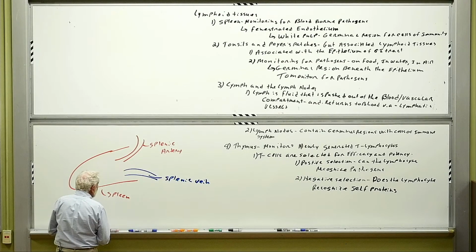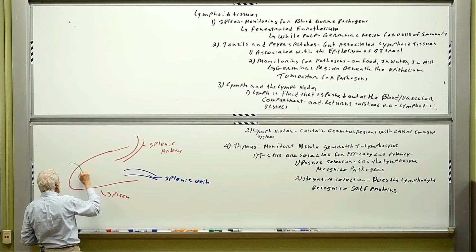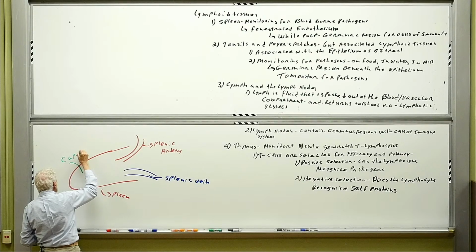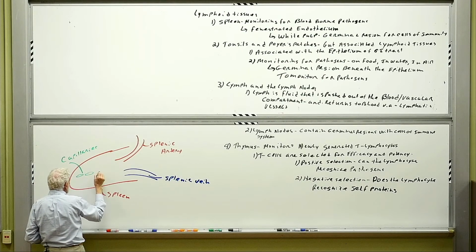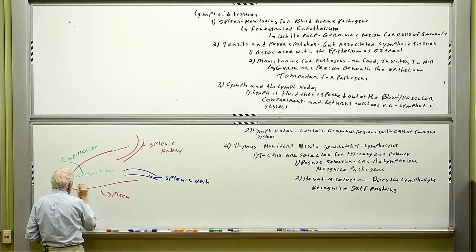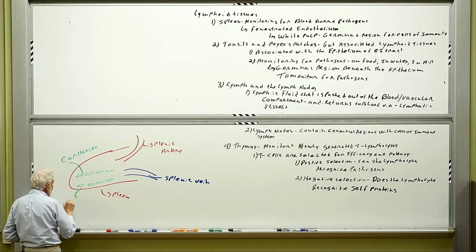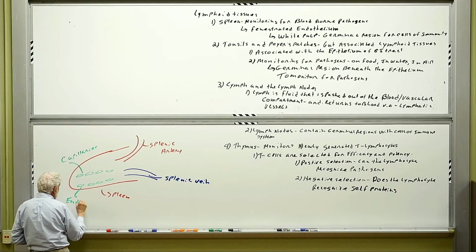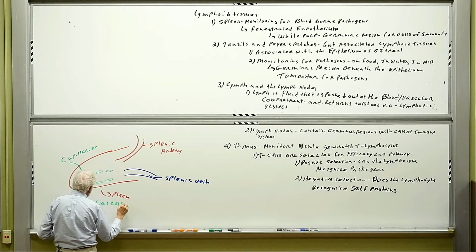And again, familiar from yesterday is there will be a series of capillaries. And those capillaries are unusual in the spleen in that the gaps between adjacent endothelial cells are large.